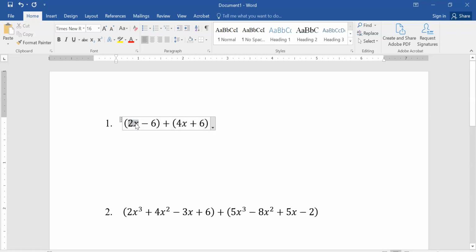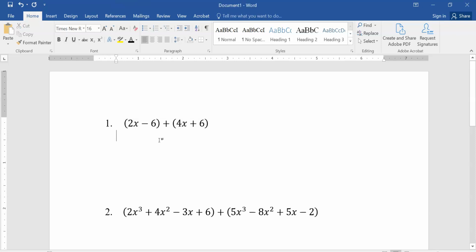Now, the like terms are the 2x and the 4x. Those are alike because they have the same variable, obviously to the same power. So 2x and 4x are alike, but also minus 6 and plus 6 are alike.